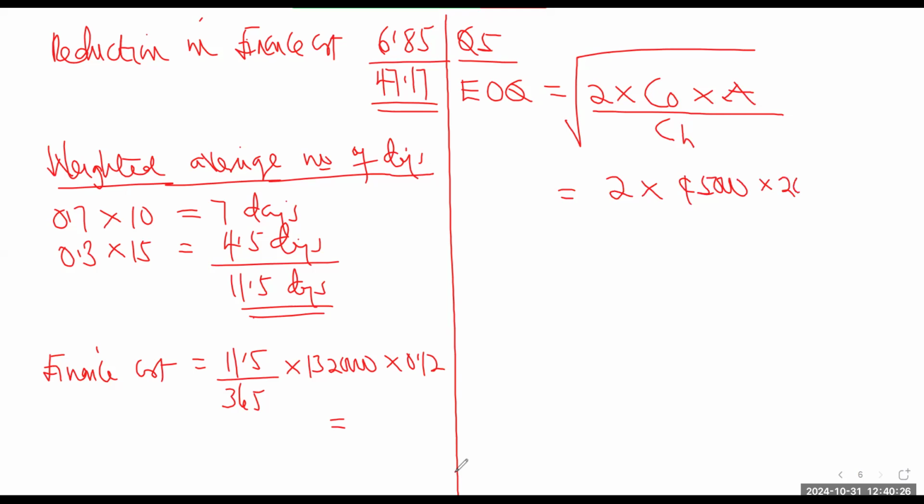Our annual demand would be 2,000 multiplied by 12. We are selling 2,000 every month, so what will be the annual demand? And the cost of holding is 10% of the purchase price, so 0.1 multiplied by 200.